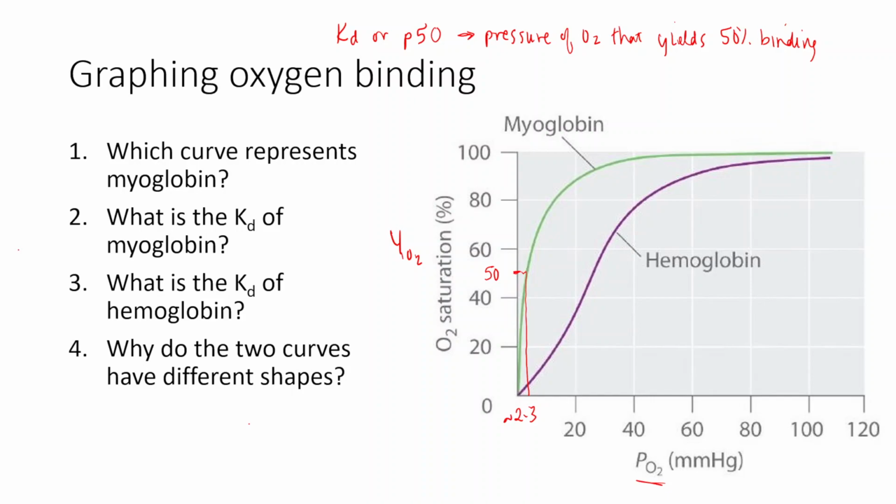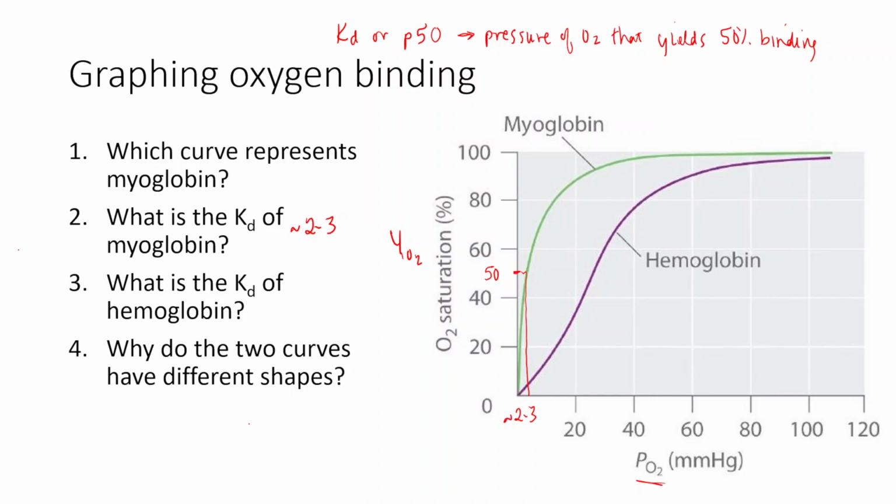So for myoglobin, it's about 2 or 3. What is it for hemoglobin? Yeah, again, it's hard to see with this graph, but it's a little bit under 30.